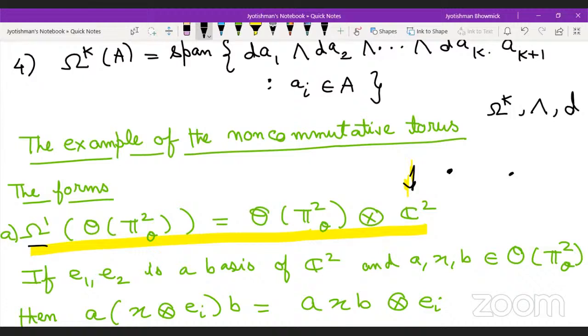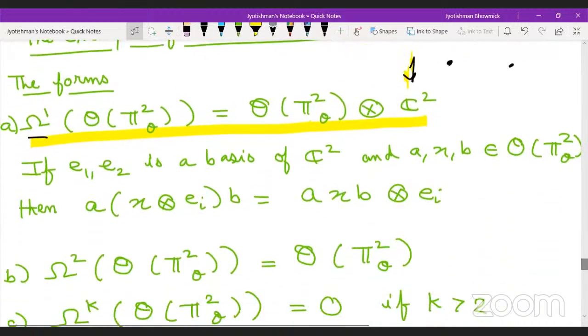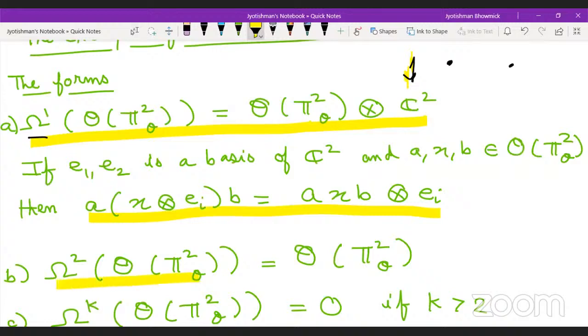The bimodule structure is given by this equation. The two forms are just like the classical case, meaning the theta equal to 0 case. This is one dimensional, and all the higher forms are 0.